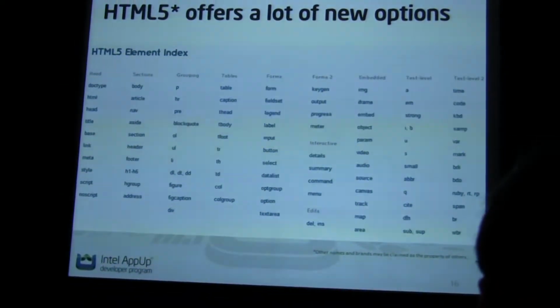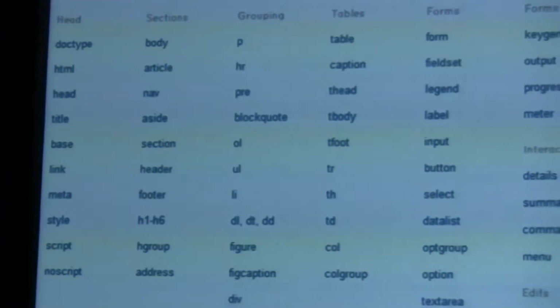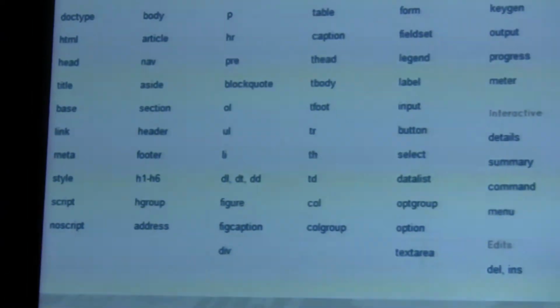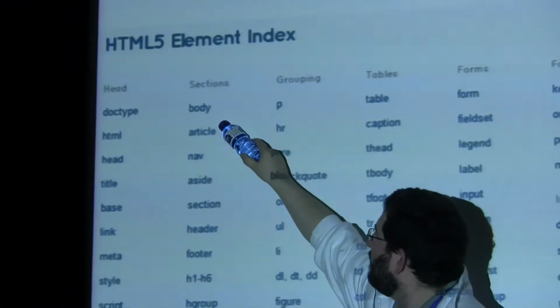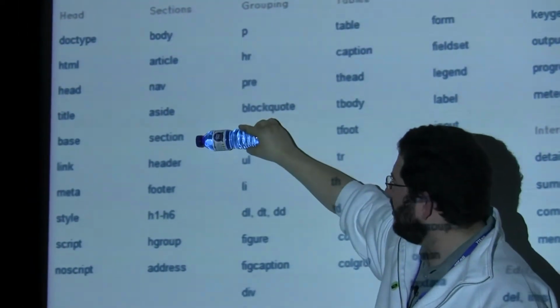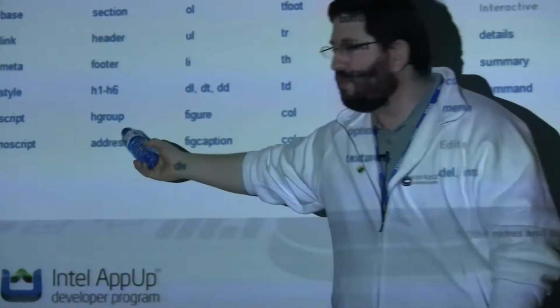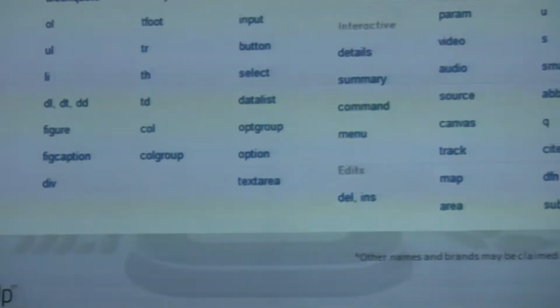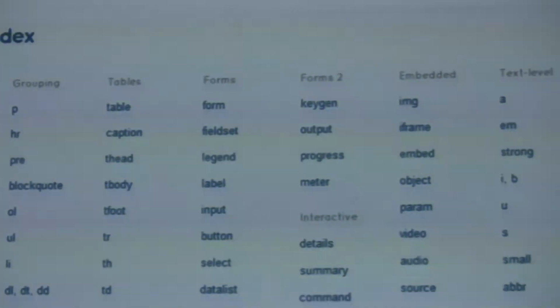I don't really expect you all to be able to see this, but these are the HTML5 tags. And there's a lot of new ones, especially over here in the sections area. We have article, nav, aside, section, header, footer, and groups. And this, again, is part of the change from document to application. I suppose these are document-oriented as well.